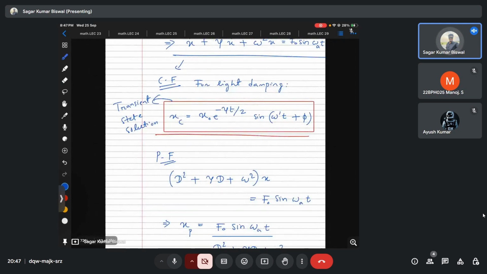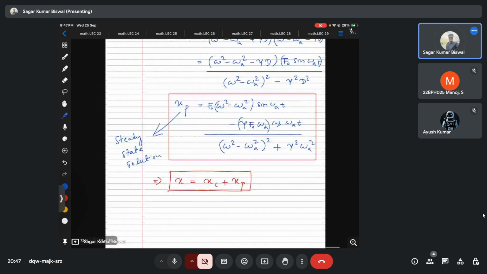So this complementary function is known as the transient state solution, and this is known as the steady state solution.